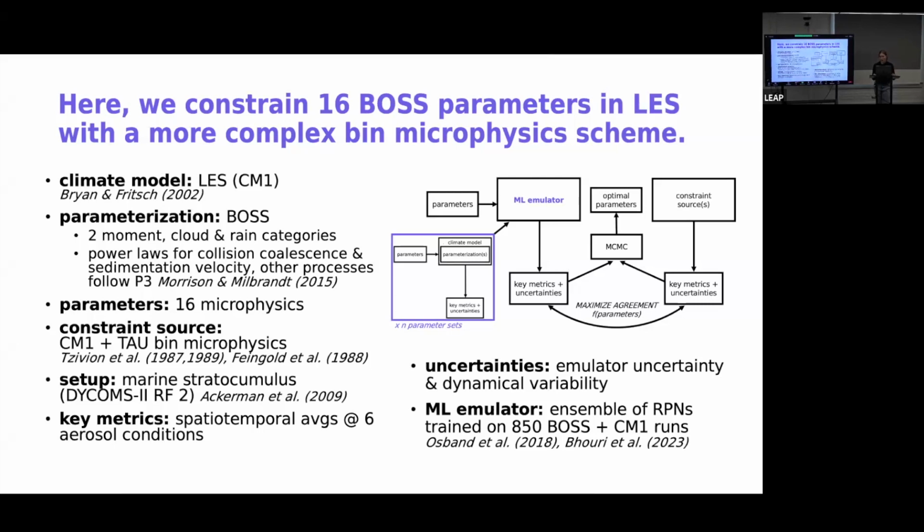In accounting for uncertainties, we consider both the emulator uncertainty and also dynamical variability. For our ML emulator, we're using an ensemble of neural networks, specifically the RPNs that Aziz mentioned previously. And these are trained on 850 BOSS runs of this LES.